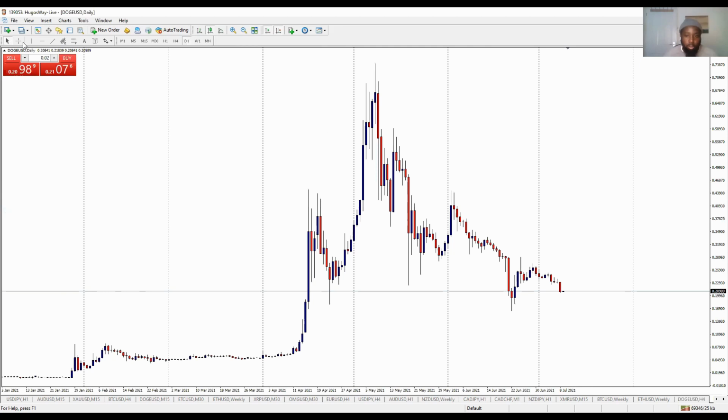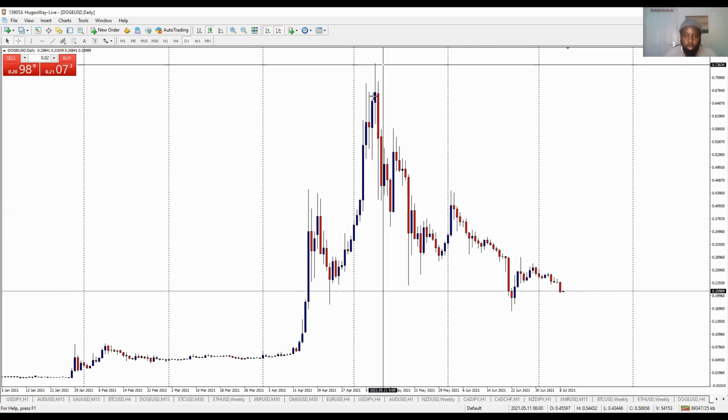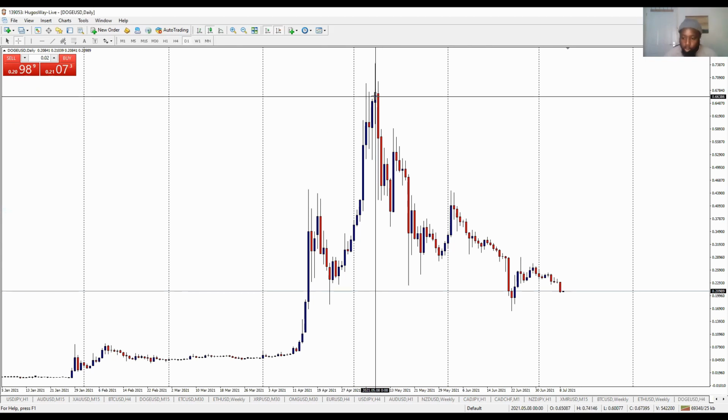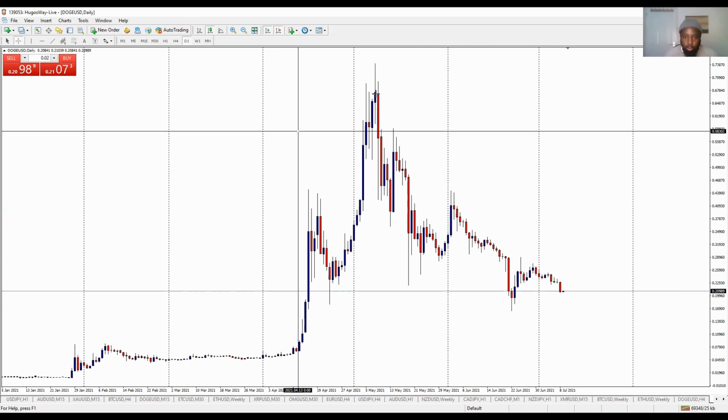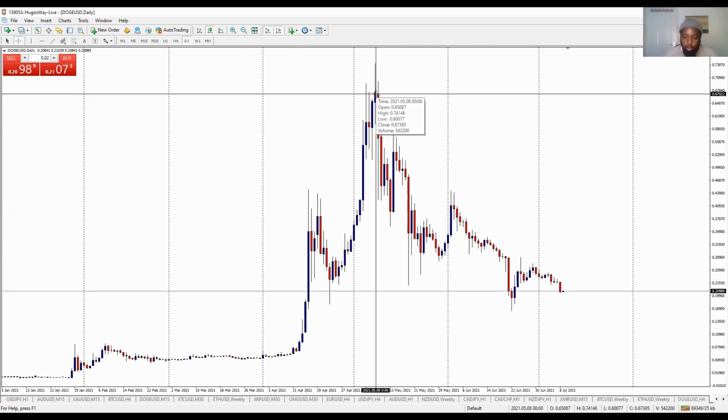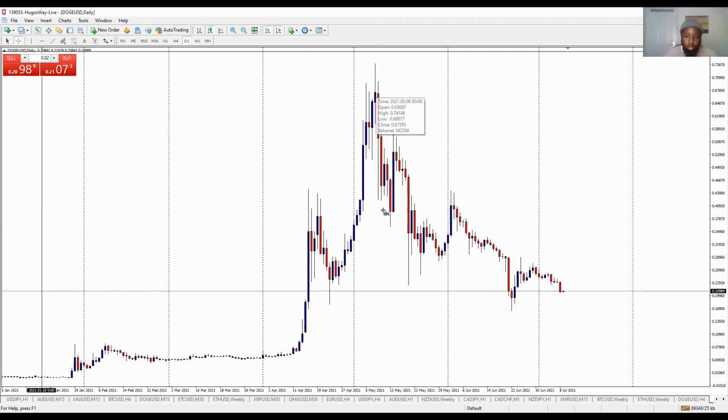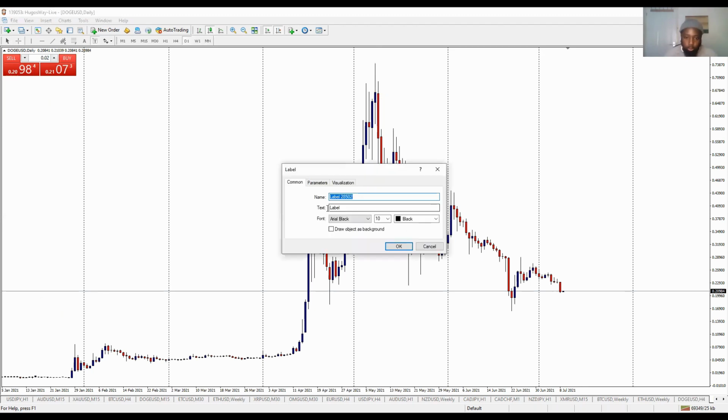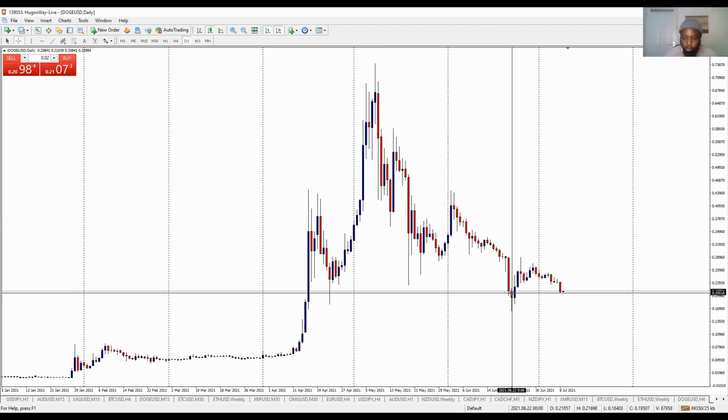From Doge's movement here, the highest point it was at, according to MetaTrader, is 74 cents, roughly: 0.74146. The lowest point it's been at so far is 0.16403.